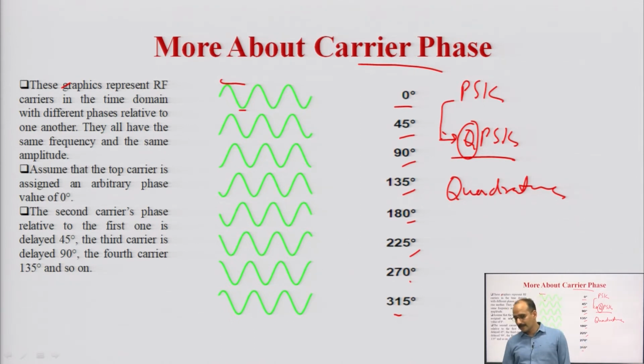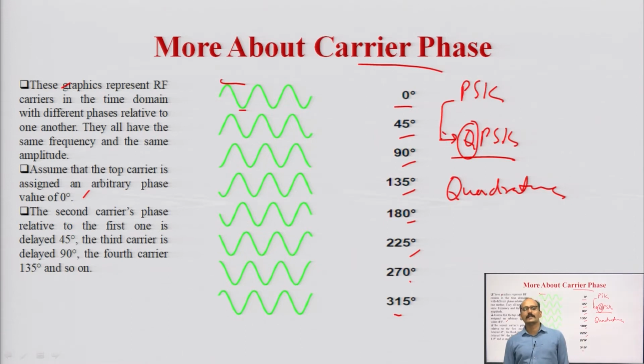So, assume that the top carrier is assigned an arbitrary phase of 0 degree, and the second carrier phase relative to the first one is delayed 45 degree. Then the third carrier is at 90 degree, the fourth is 135, and so on.